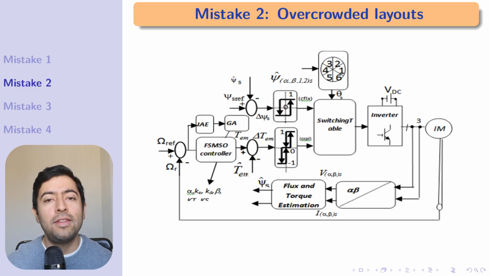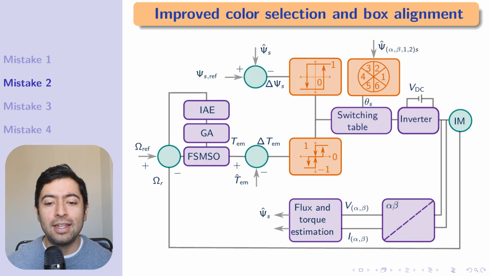So what I've done in this case is to align the boxes a little bit better. Some of the text boxes I've summarized into just acronyms. For instance, you can see here FSMSO, although it's already very long. I've tried to squeeze it a little bit.